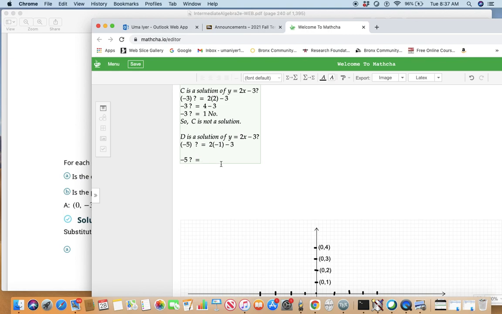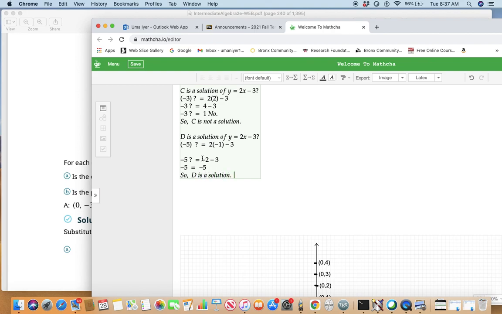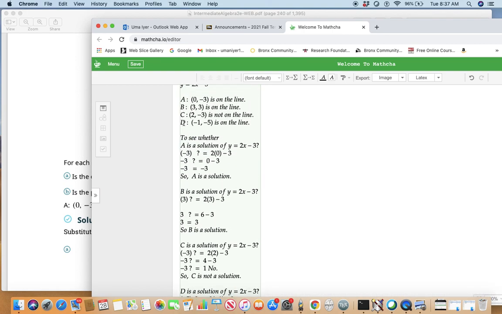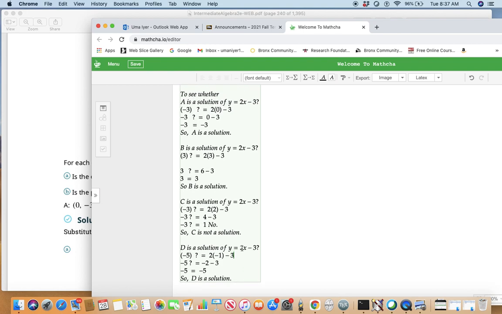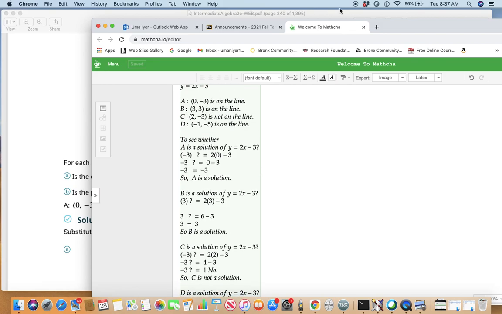Question is, does it equal 2 times negative 1, which is negative 2, minus 3? Negative 5. Question is, negative 2 minus 3 is negative 5. So indeed, yes. D is a solution. So D was on the line. You see, D is on the line and it is a solution. So whoever is on the line is a solution. Whoever is not on the line is not a solution.